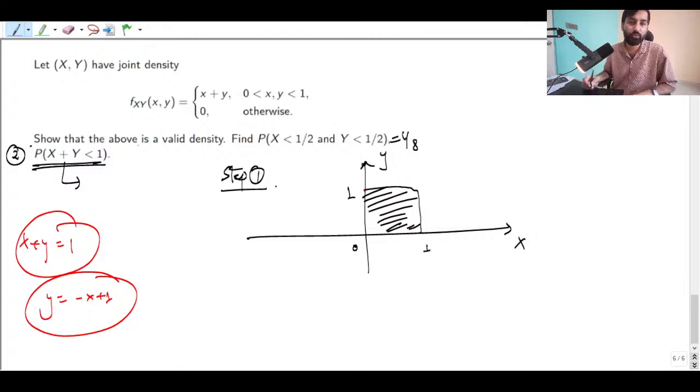So this will be like this. You can say this is the line that I'm talking about, x plus y. So this is the area that you have to look for, right? But this is not the area, because the density function is constant. So you have to compute the double integral for this red region.